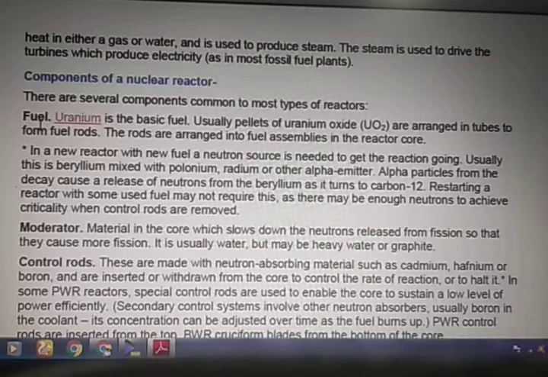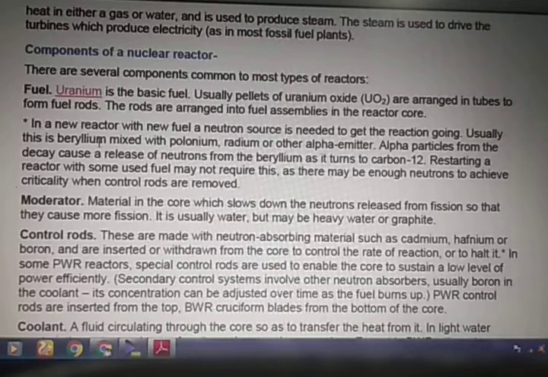In the whole world, mostly uranium-238 is used as the basic fuel in the form of uranium oxide. It is arranged in a tube to form the fuel rod. The rods are arranged into fuel assemblies in the core of the reactor.